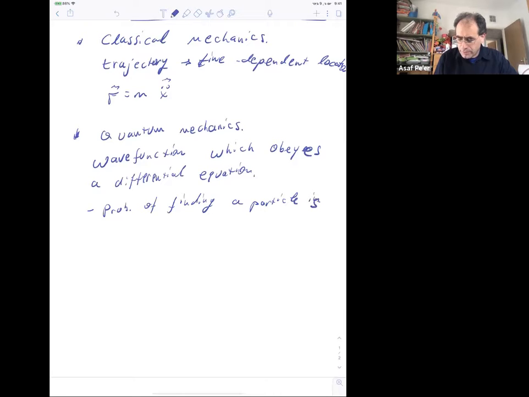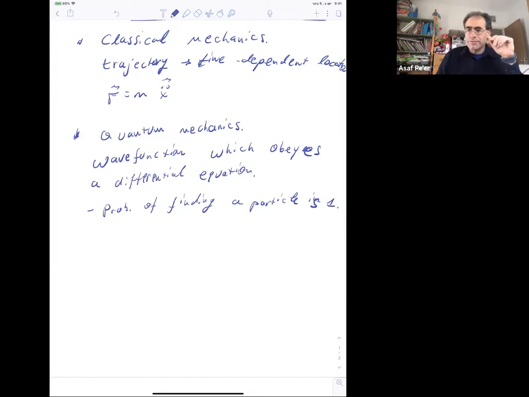The particle nature of the wave function is only manifested when this wave function interacts with a macroscopic system, that is, the measuring device. We treat the particle as a wave function until we make a measurement. When we make a measurement, the wave function collapses, and then we say this is a discrete particle.